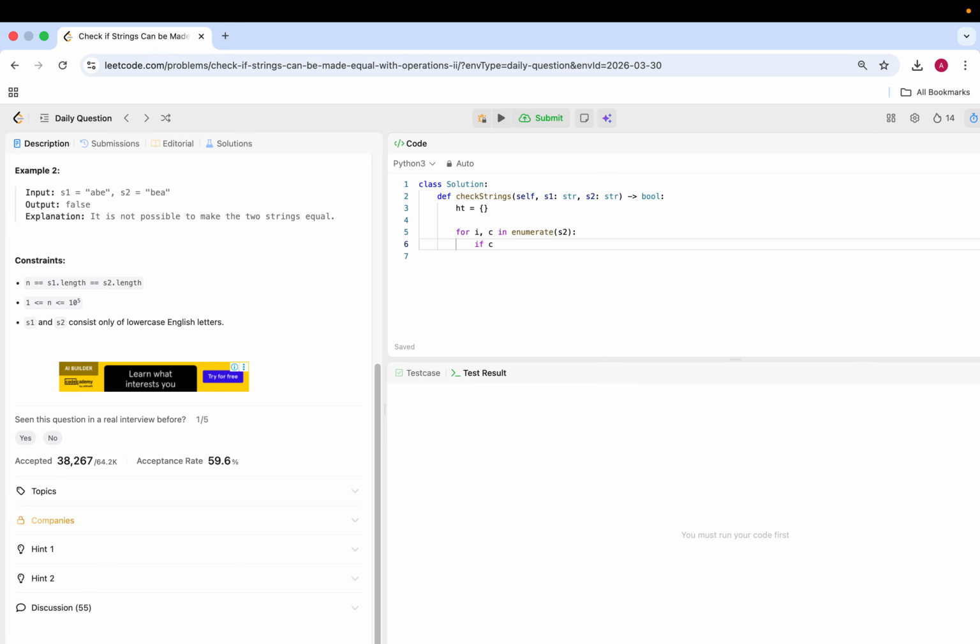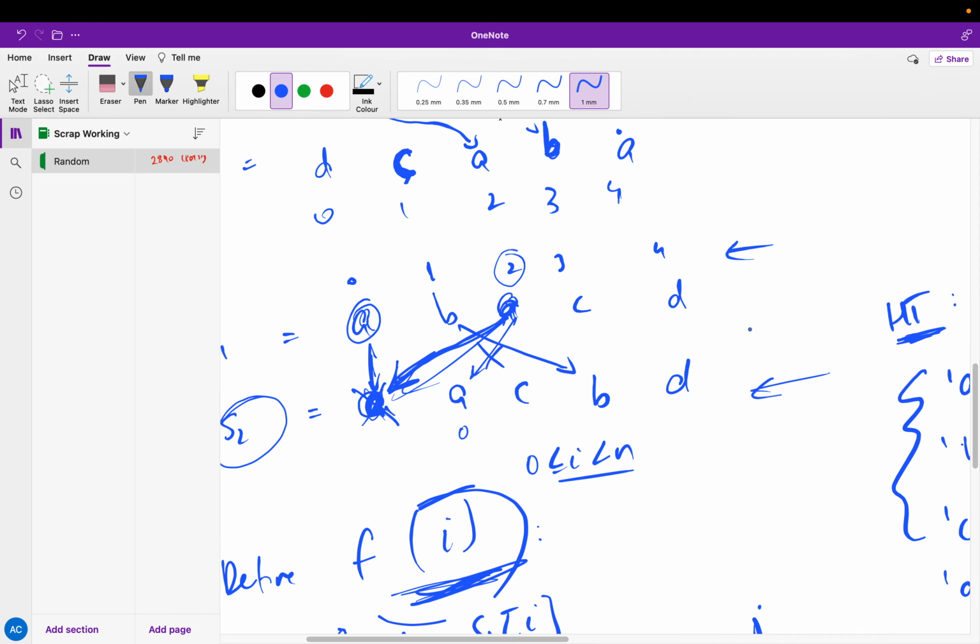If C is in the hash table, then HT at C at the index I mod 2, which will return 0 or 1. So this should actually be swapped around.